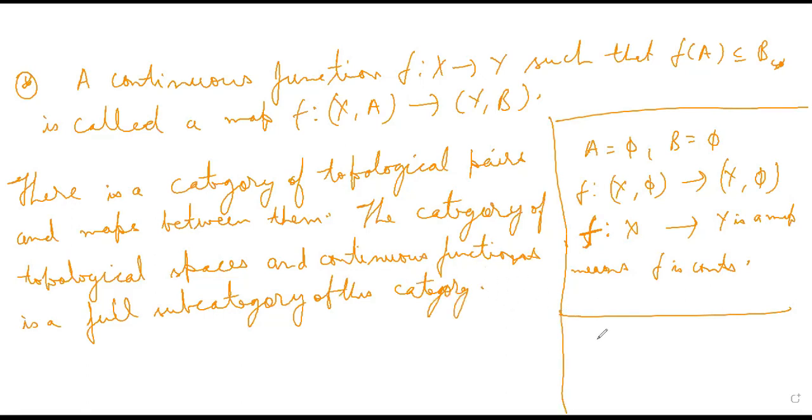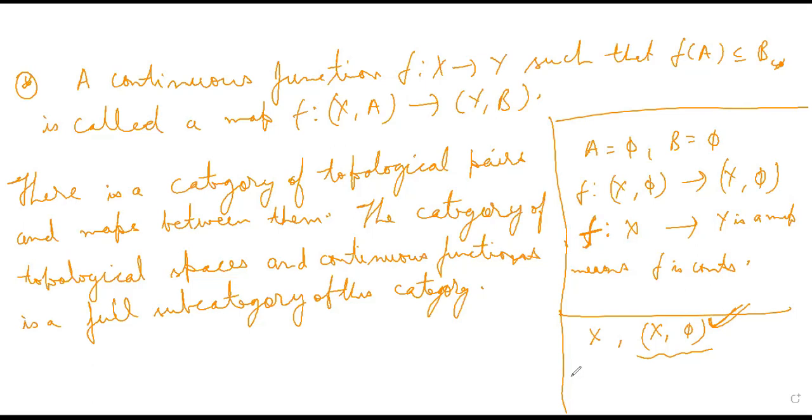You see that given a topological space X, we can identify it with this pair. So of course, it is an object in the category of topological pairs and maps. These kinds of things are objects there.